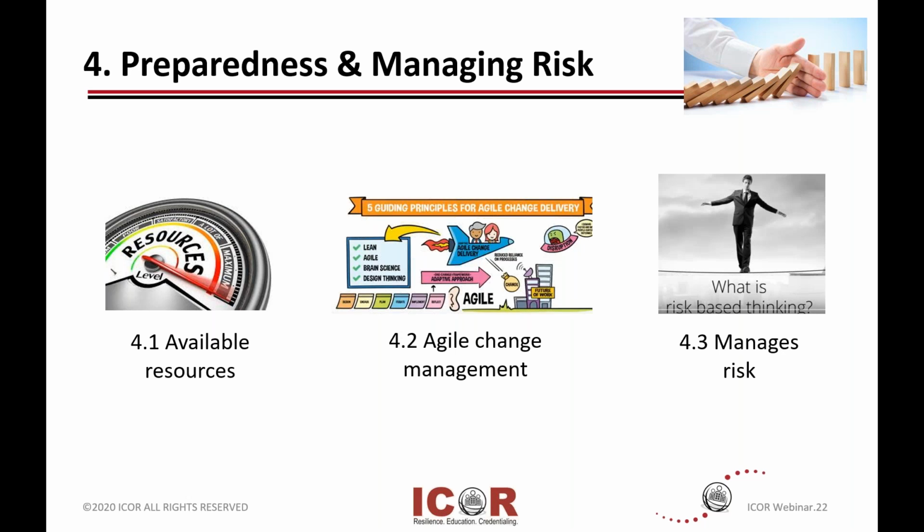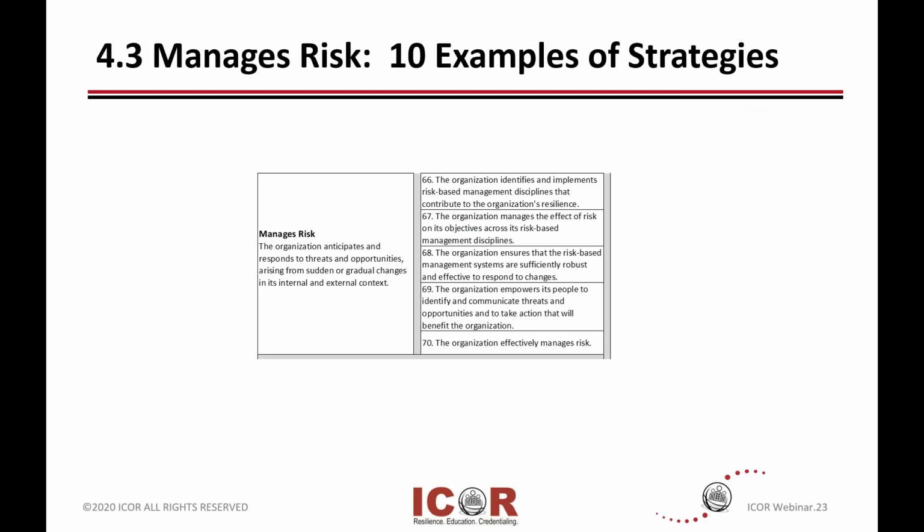And here is where I'm going to make some of you very happy. We're going to dig down into this strategy, or I should call it a capability, that you manage risk, and that the organization anticipates and responds to threats and opportunities arising from sudden or gradual changes in its internal and external context. As part of that, we have 5 strategies. Your organization identifies and implements risk-based management disciplines that contribute to your organization's resilience.